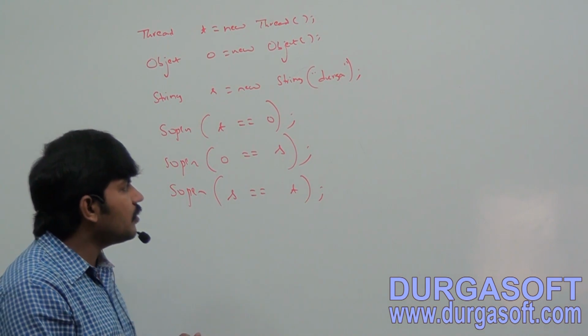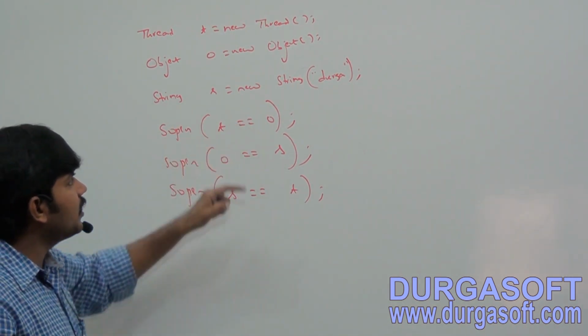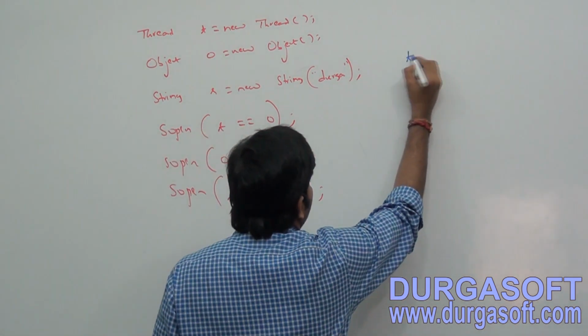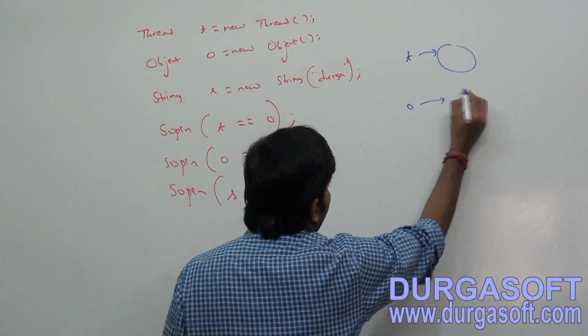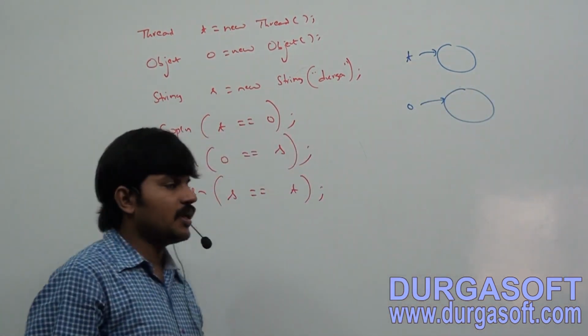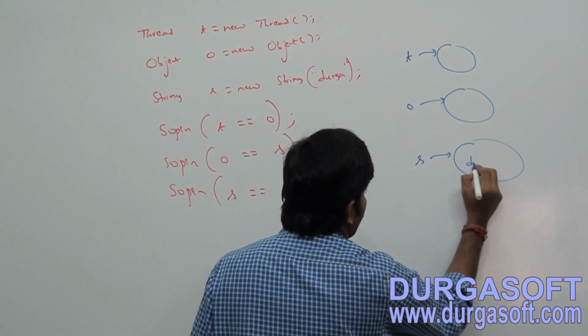Make sure of this point. t is pointing to the Thread object, o is pointing to the Object, and s is pointing to Durga.